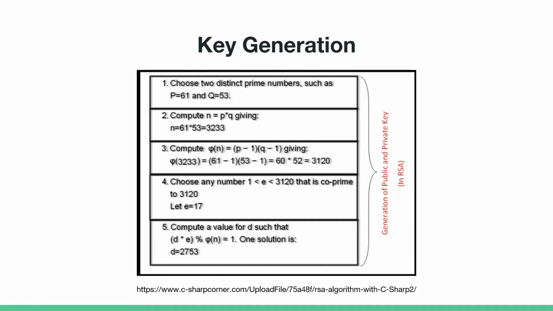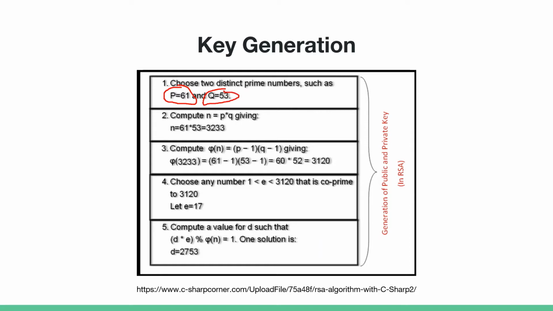RSA is predicated on the idea that factoring composite numbers that are the product of two primes is hard to do. So let's assume that we have two big prime numbers, and we'll just call them P and Q. In this example, P and Q are taken to be 61 and 53, just to make the problem easily workable.